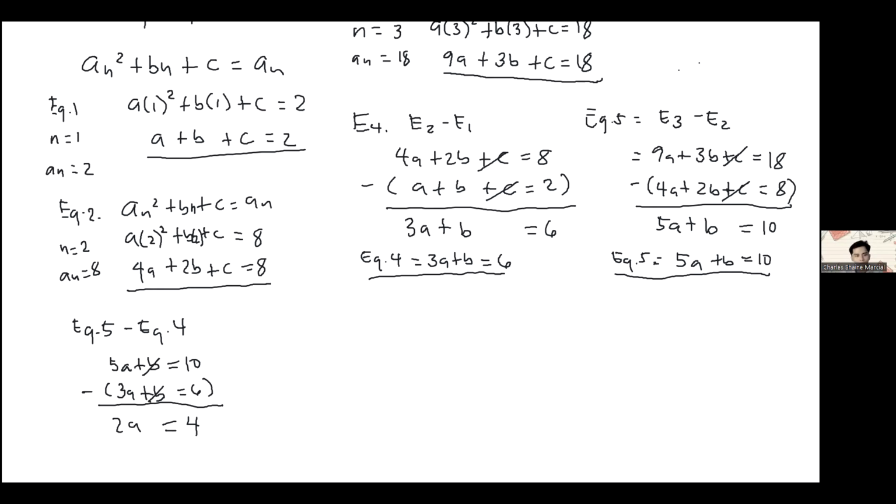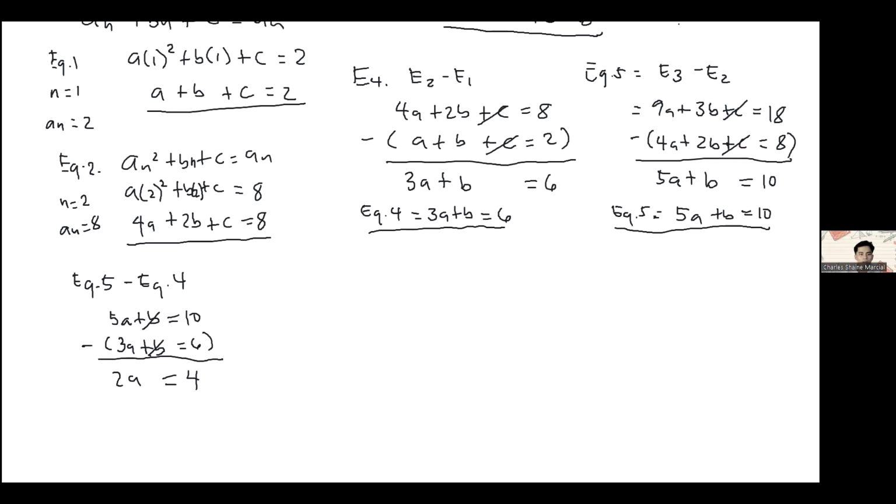So ang gagawin natin, kukunin natin yung value ng a. So we will just divide both sides by 2 para mawala na si 2 dito and para matira si a. So we have a is equal to 4 divided by 2 is equal to 2. Okay? Now ngayong meron na tayong value ng a, kukunin naman natin yung value ng b.